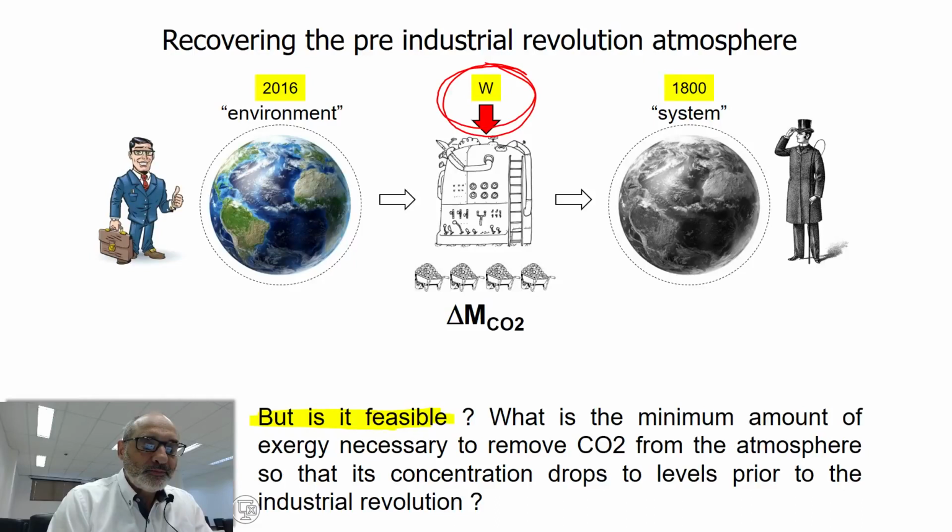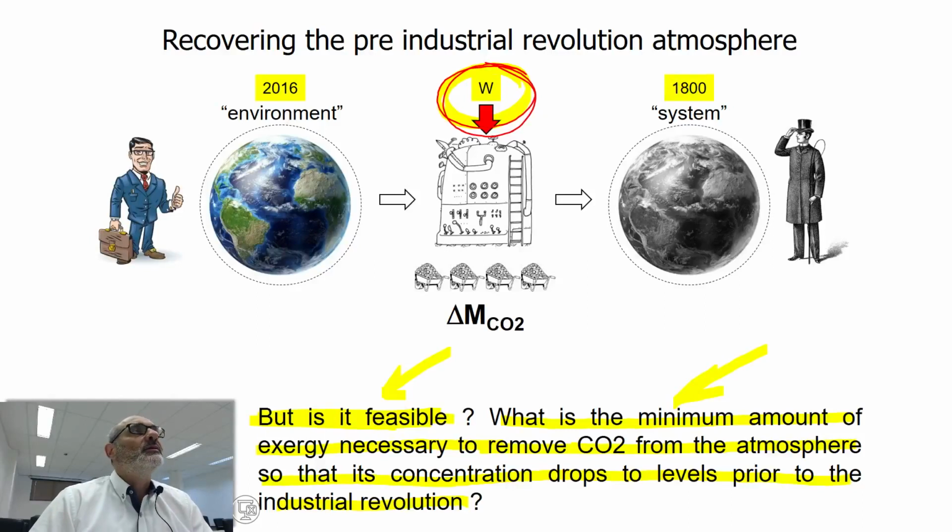If it's feasible, what is the minimum amount of exergy necessary to remove CO2 from the atmosphere so that its concentration drops, that's the initial problem proposition, okay? So we want to know if the process is feasible, if this amount of work here is tractable, and if it is, what's the minimum amount necessary for this.